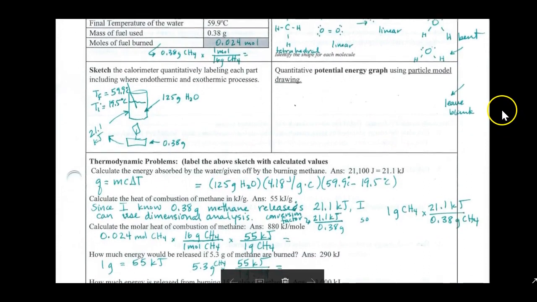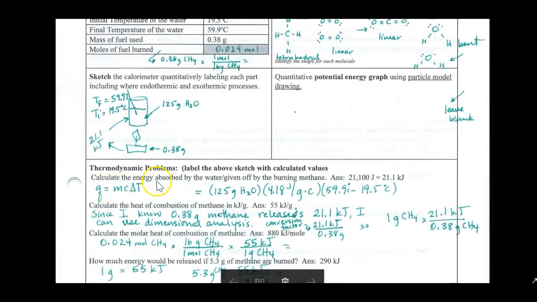So the first question is asking, calculate how much energy is absorbed by the water or given off by methane. We know that we cannot put a thermometer into the methane because it'll burst, but we can assume that all of that energy that left from the methane went into the water.